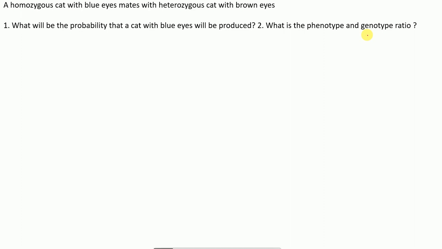first we need to understand that we have a homozygous cat with blue eyes and a heterozygous cat with brown eyes. Blue eyes is a recessive trait.